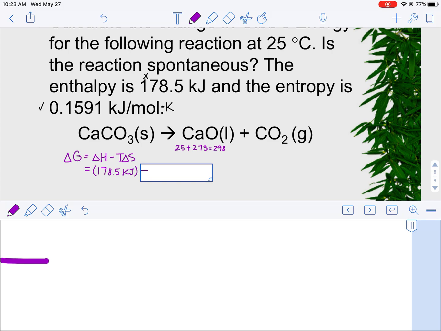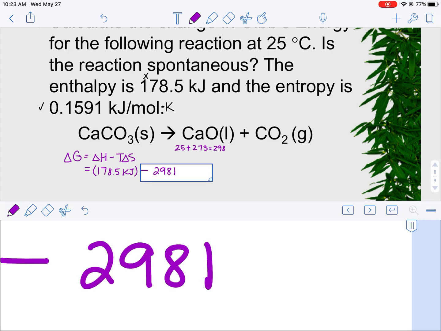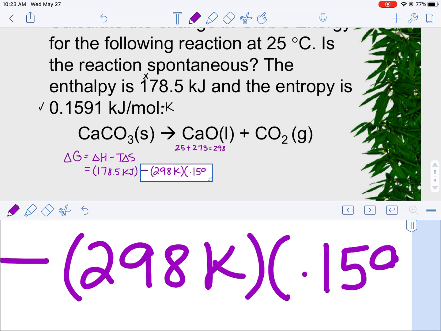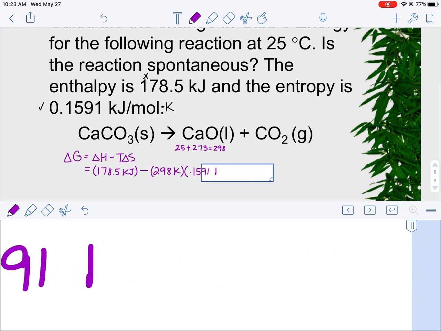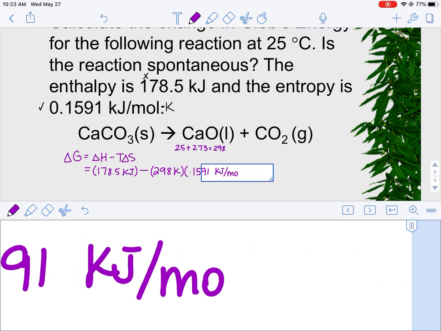So I'm going to subtract from that 298 Kelvin. And I'm multiplying that by delta S, which is 0.1591 kilojoules per mole times Kelvin.